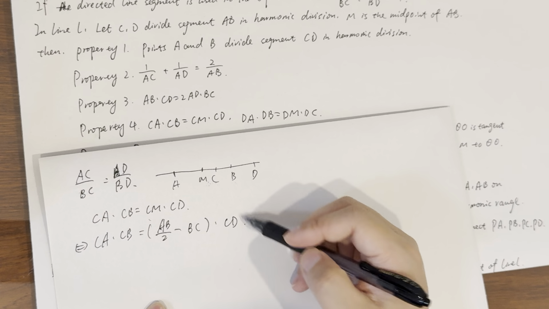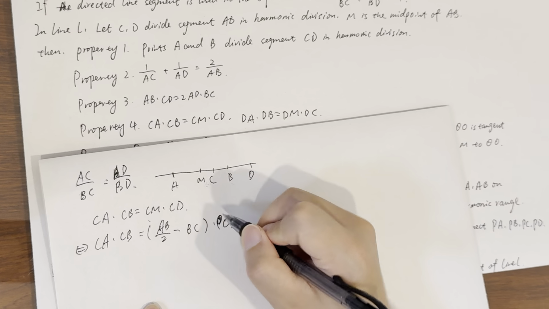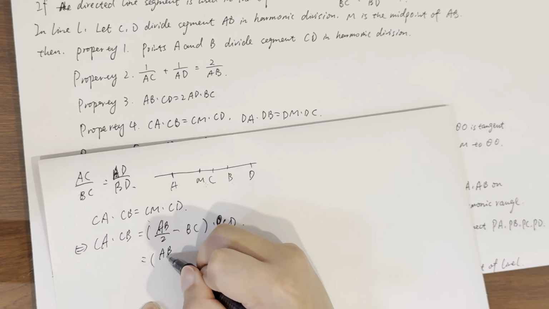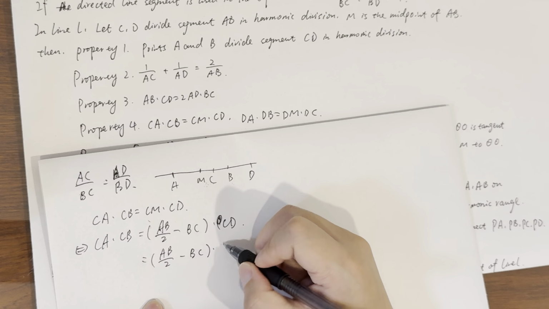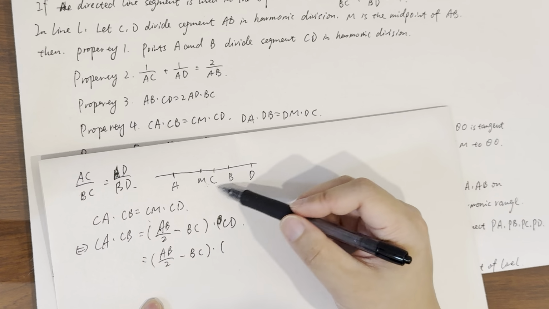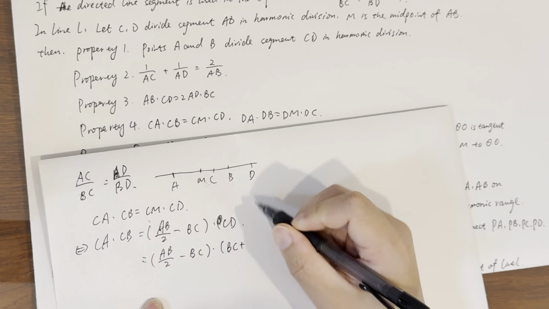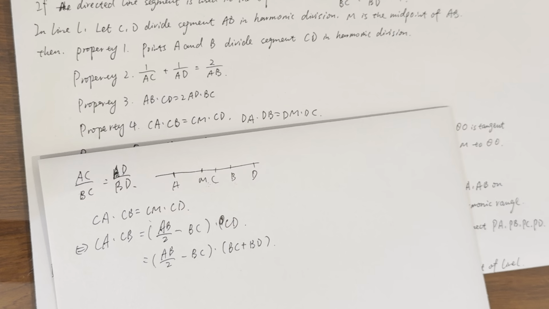And what is CD? CD we want to represent as half AB minus BC times CD. CD is BC plus BD, right?